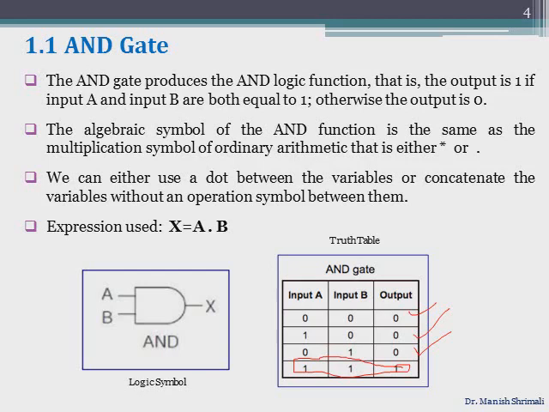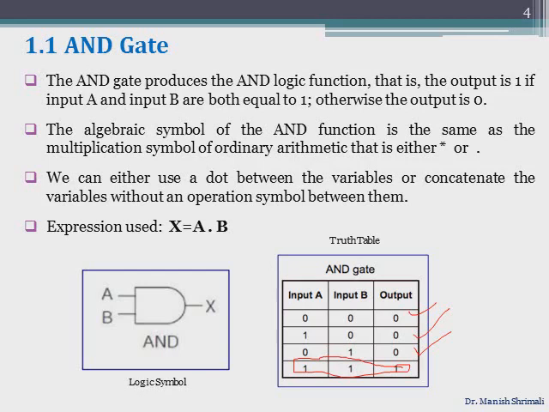Also, the AND gate uses the expression x is equal to A into B. This is the logic symbol of the AND gate, in which we have two inputs, A and B, and this is the output. When we multiply these two inputs, the truth table we get is like this, and from the truth table you can see that the AND gate produces output 1 only when both the inputs are 1.